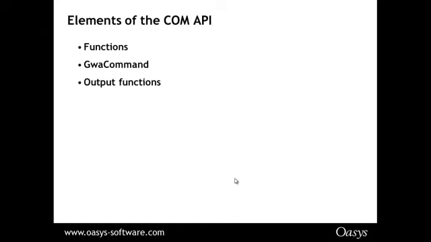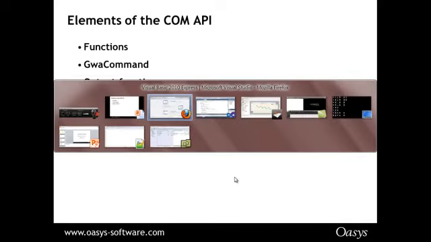Any entity or property that you might create in GSA interactively can be created, edited or even deleted using the GW command. The way it works is it takes as an argument a string in a particular syntax. If you're familiar with the GWA text file format in GSA, which is the ASCII based text file that we have, you might have seen that it has a particular format if you opened it in a text editor.